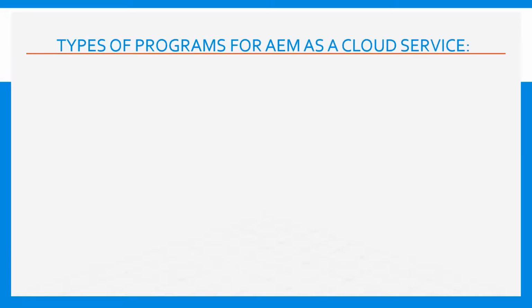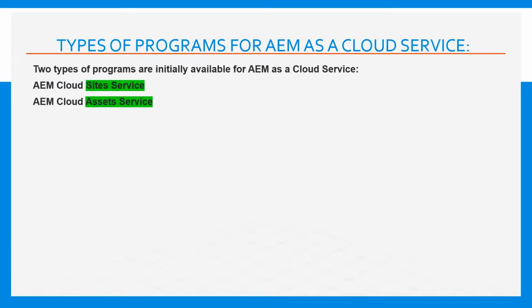Here we will see the types of programs as part of cloud service. There are 2 types of programs available as part of cloud. First one is AEM Sites service and second one is AEM Assets service.